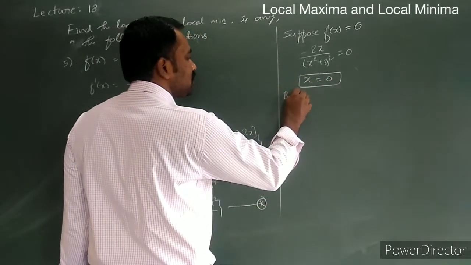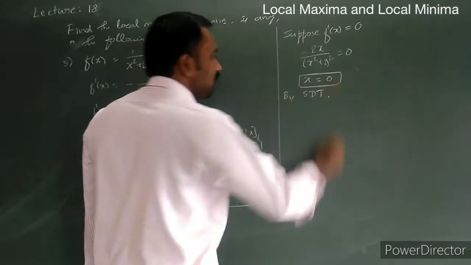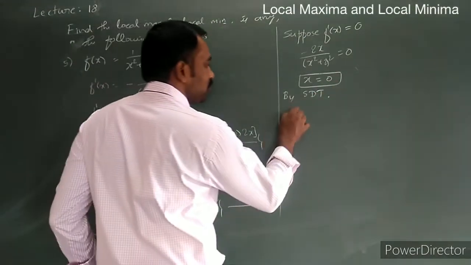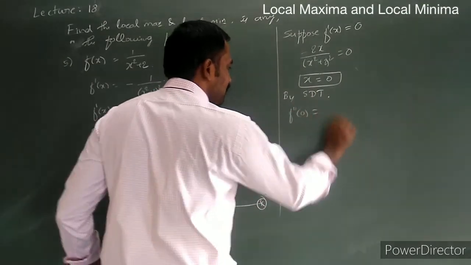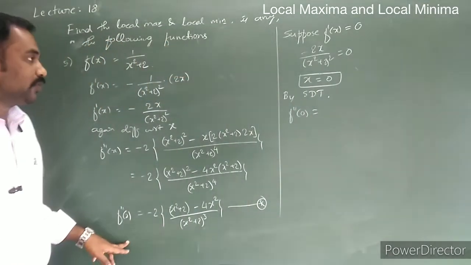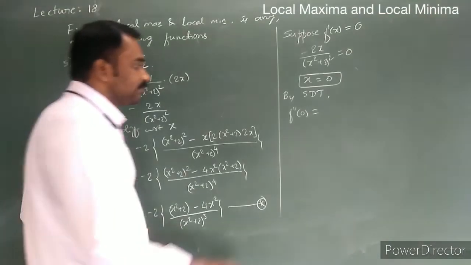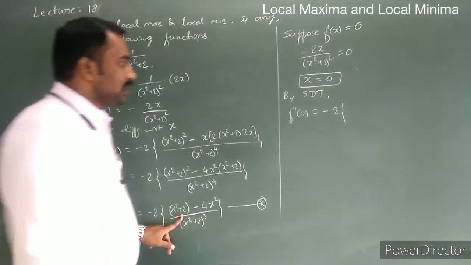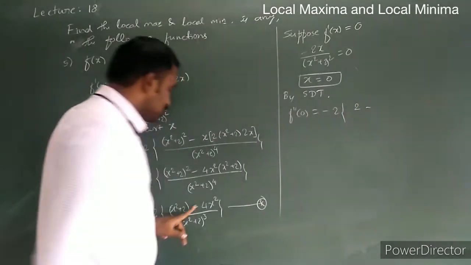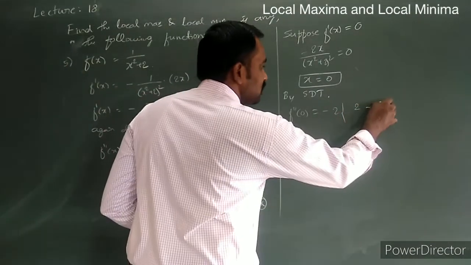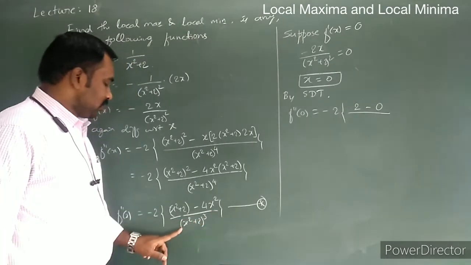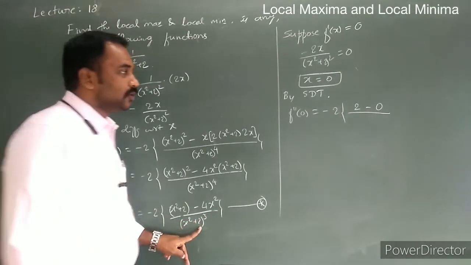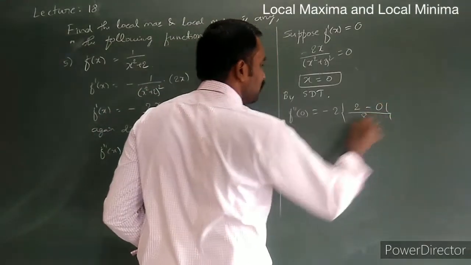So by the second derivative test, at x equal to 0, what is f double dash of x? That is f double dash of 0 is equal to, wherever x is there, replace it with 0. This is minus 2 as it is, 0 plus 2 is 2, minus 4 into 0 is 0, divided by 0 plus 2 whole cube, which is 2 cube, 8.